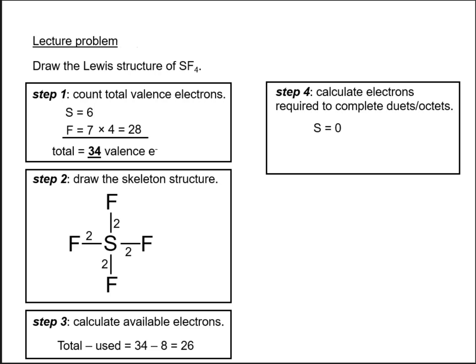So each fluorine still needs 6 more electrons to become octet, and sulfur is already octet. So we need 24 electrons in order to complete the octet of sulfur and each fluorine.